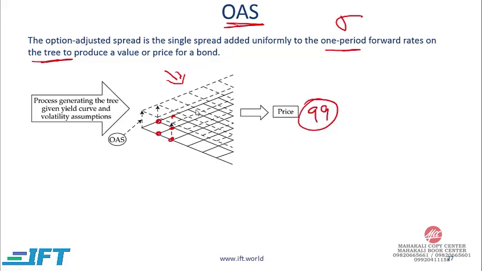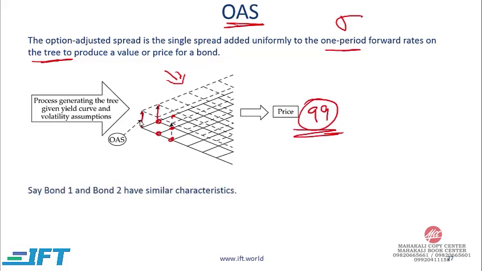So we come up with the interest rate tree based on government securities, and then we need to figure out what's that uniform spread that needs to be added to each of these rates such that the present value of future cash flows is equal to 99. That equal spread is the option adjusted spread.